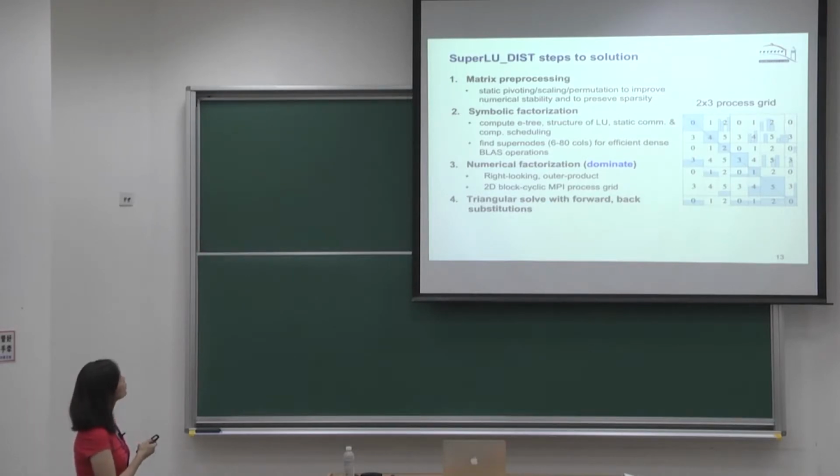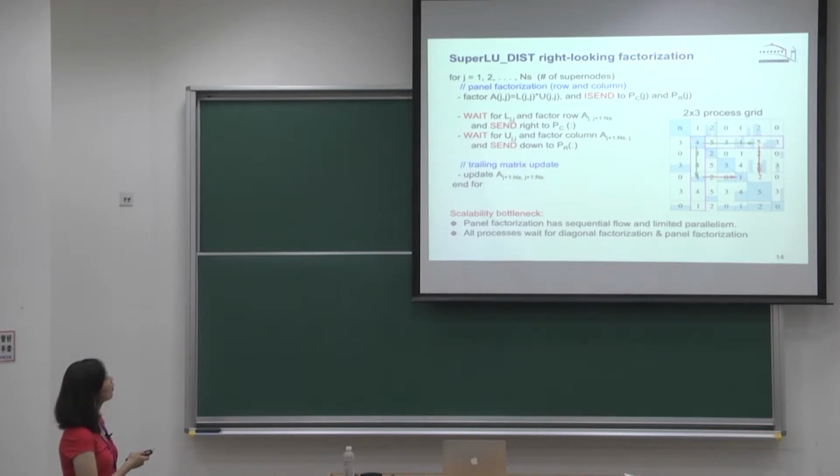To summarize, the first is matrix pre-processing, and then you do the symbolic factorization, which computes the elimination tree, the structure of the LU, the communication and column scheduling, and you find the supernodes, then partition the supernodes into these blocks. Then we do the numerical factorization. Time-wise, this is dominating.